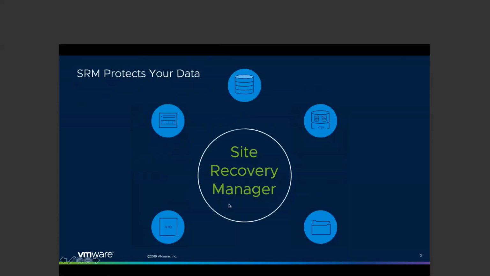When we talk about unit of orchestration, I just want to highlight how SRM works with these types of replication. For vSphere Replication and HCX, the unit of orchestration is per virtual machine, because HCX and vSphere Replication work on the virtual machine level. For array-based replication, SRM orchestrates the datastores or the LUNs and RDMs.